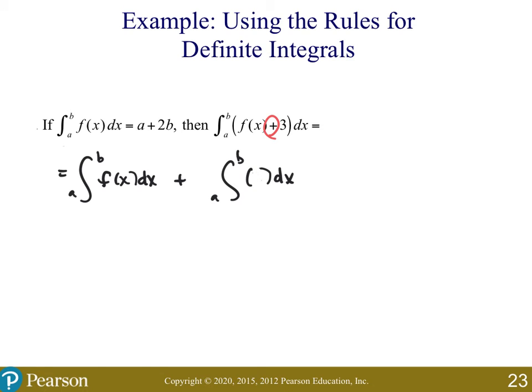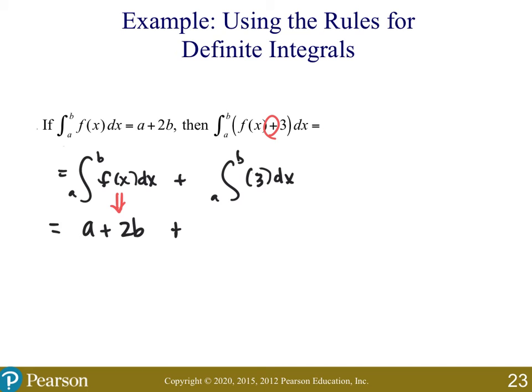Make that look a little nicer. So I already know that this is a plus 2b. Okay, that integral has that value. But then what about the integral from a to b of the constant 3? So we can think of this geometrically, or we can think of this as an antiderivative.